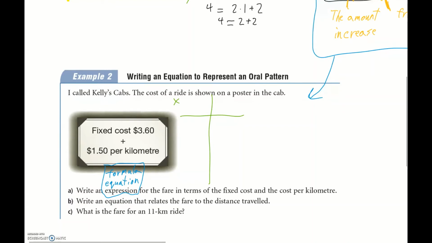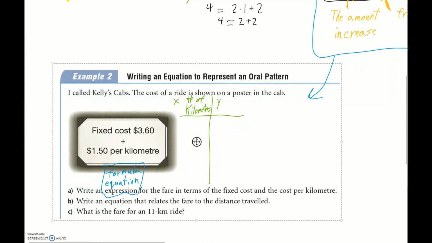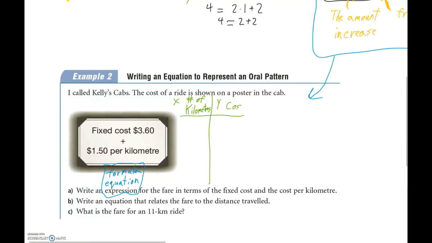This is a thing that we can change. So in this case, it's how far we drive. So number of kilometers. Okay, this one is going to be our y, which is the cost.